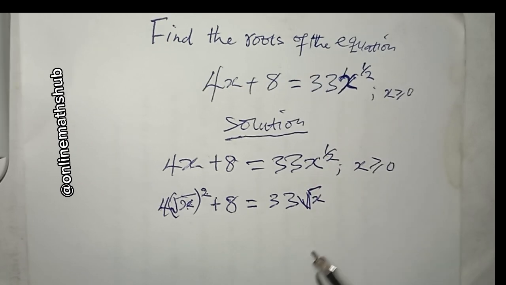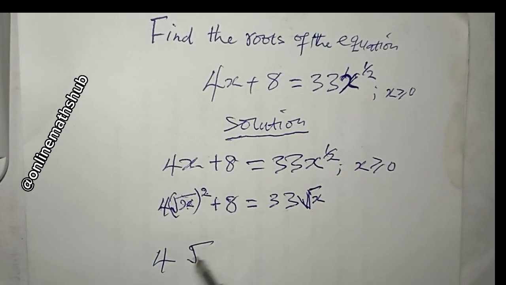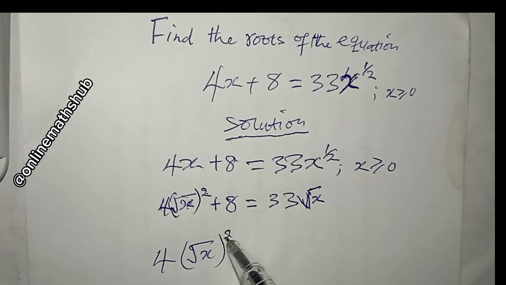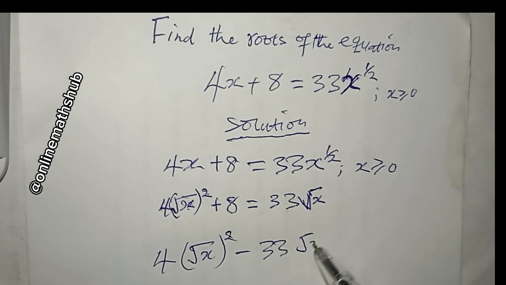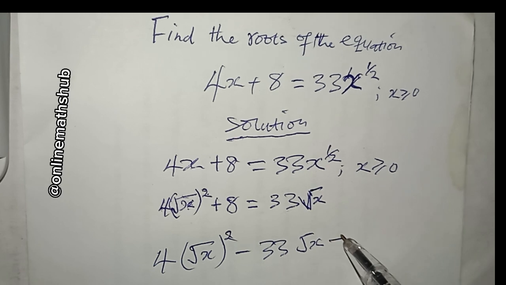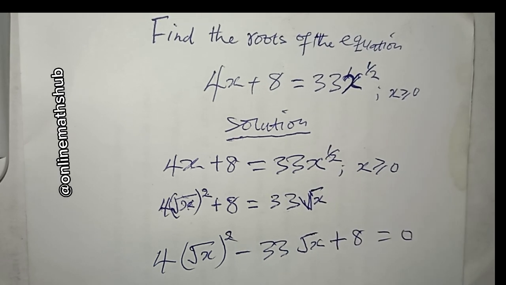Then I'm going to bring this one to the left hand side so that I have 4 root x squared minus 33 root x plus 8 is equal to 0.